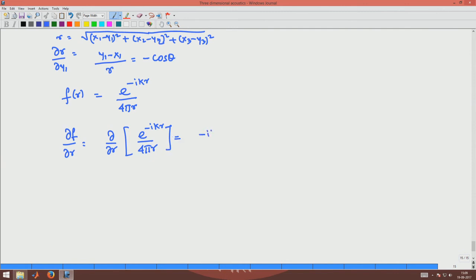The first term will have a minus i k popping out, e to the power minus i k r by 4 pi r, and then we will have minus 1/(4 pi r square) e to the power minus i k r. And if we take this e to the power minus i k r by 4 pi r as common together with the minus sign, we will be left with a minus i k and plus 1 by r. Okay. So, del f by del r is given in this fashion.